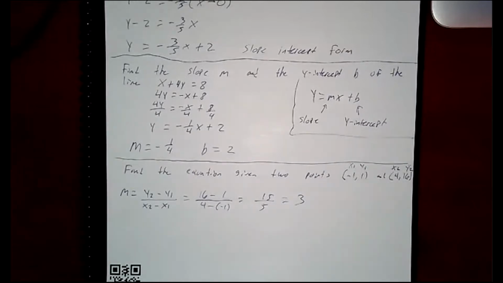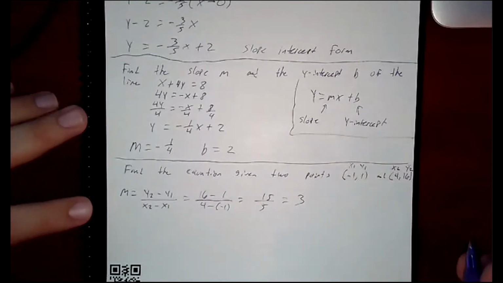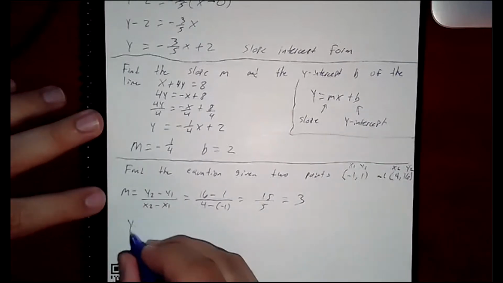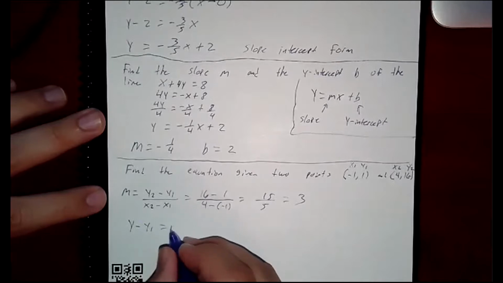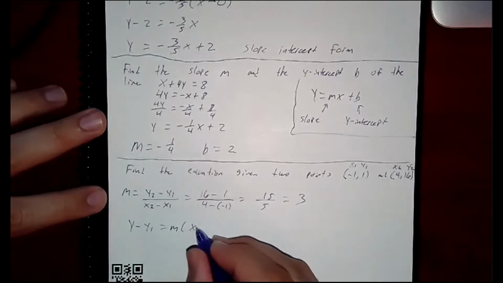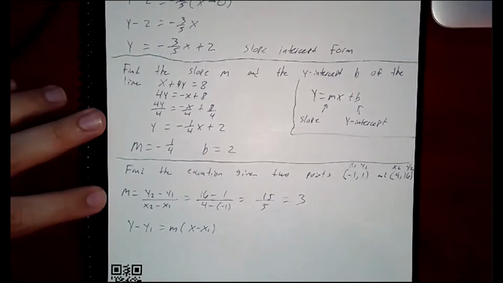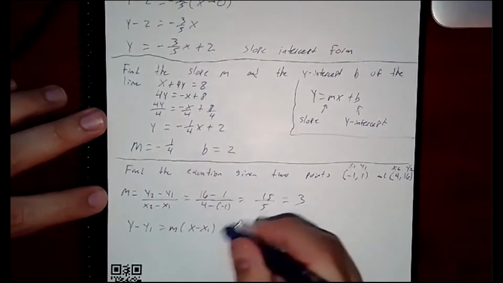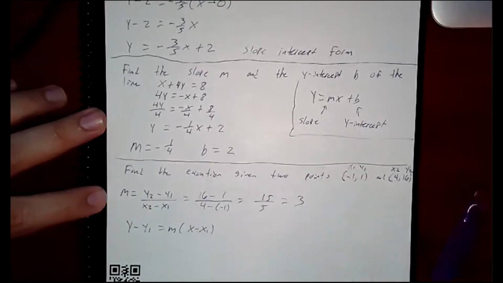So now that you have a slope and you have 2 points, you can use the point slope form and find that equation. They want the equation of the line, so that will be this one. So just plug in any point, doesn't matter which one.